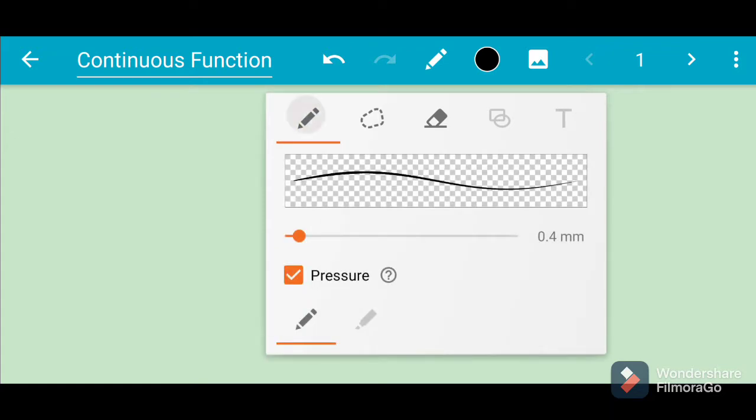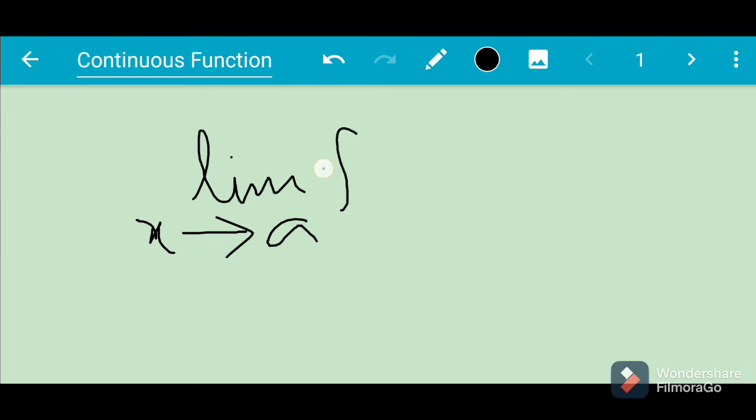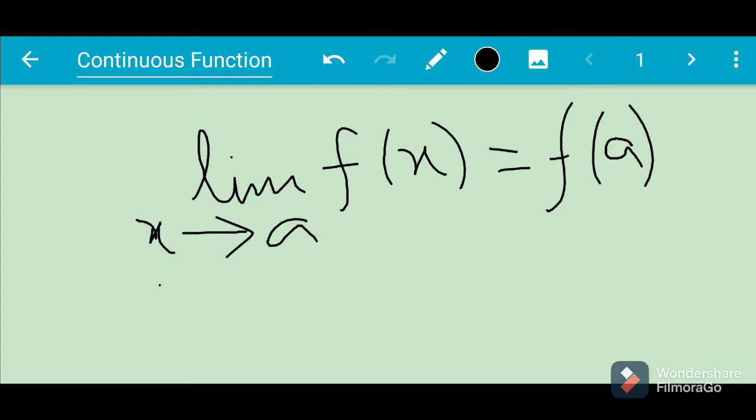In our higher secondary, we used to learn that a function is continuous at a if the limit as x tends to a of the function is equal to the value of the function. I'll explain this line graphically, and go to the mathematical definition in a while.